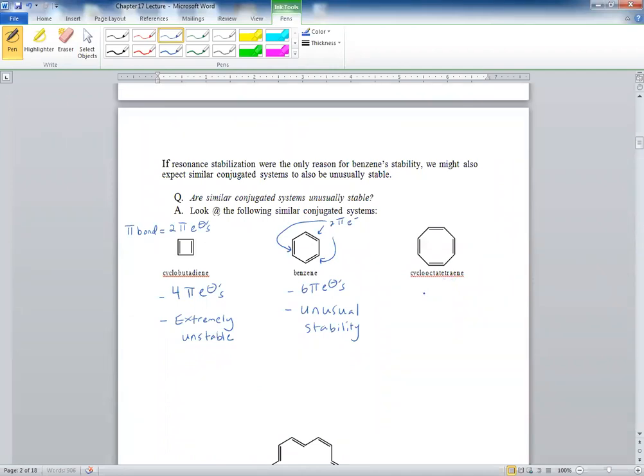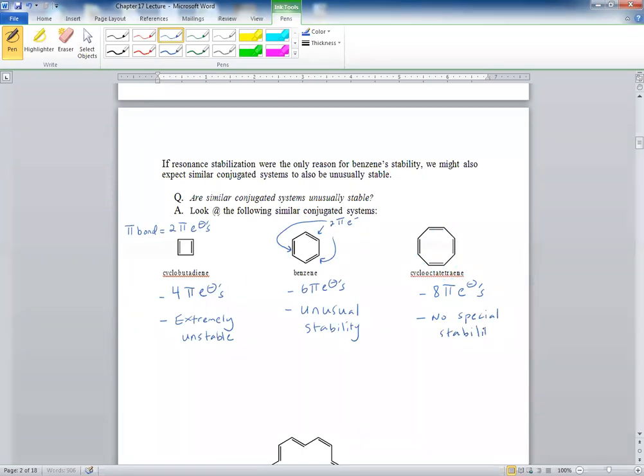And of course here, if we have cyclooctatetraene, we have also a conjugated system. We have 8 pi electrons, but we see no special stability.